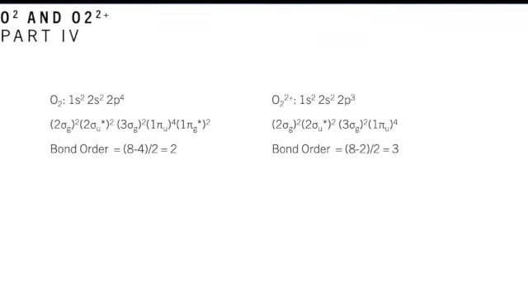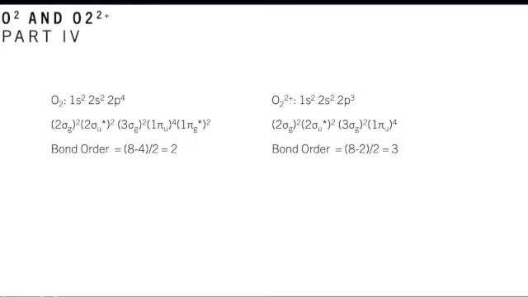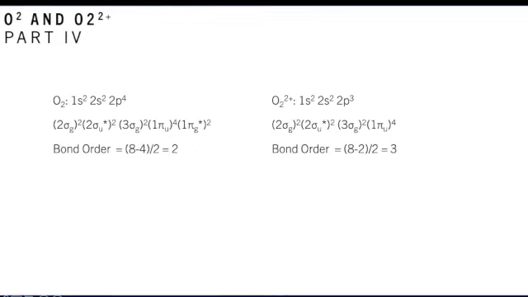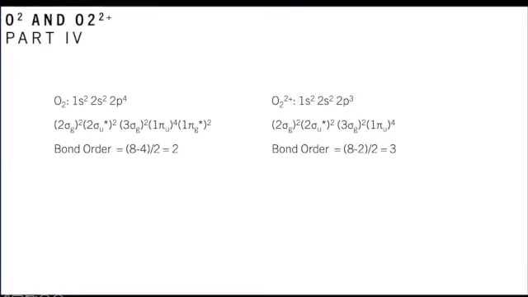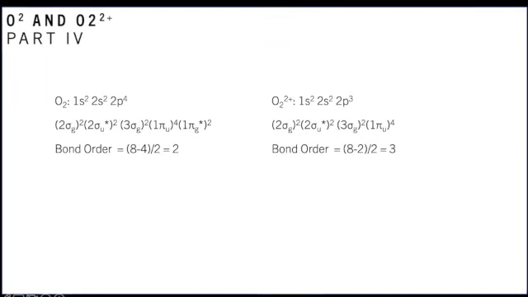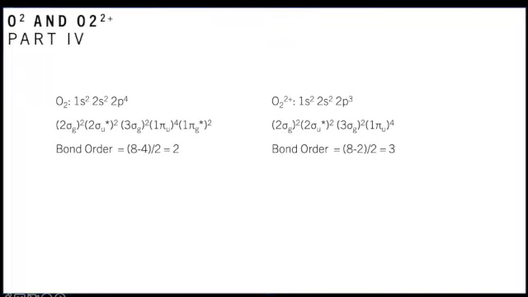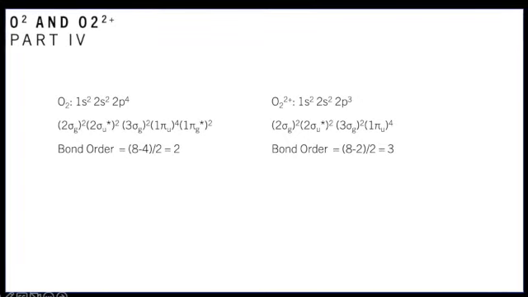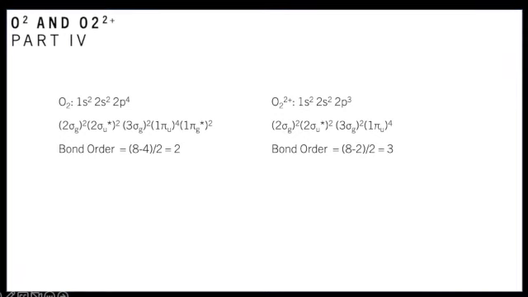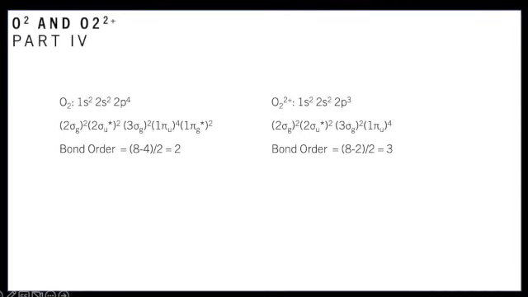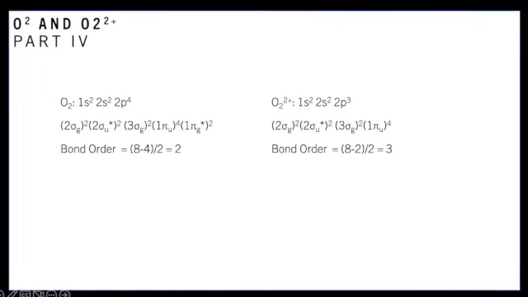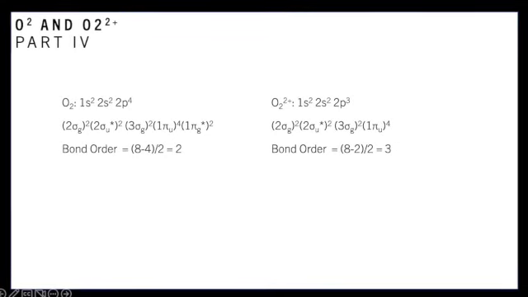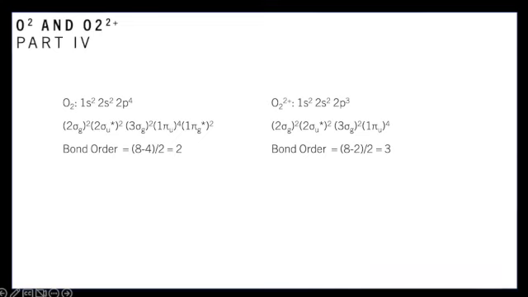As we can see, the bond order of oxygen is 2, due to there being 8 electrons in the bonding orbitals and 4 electrons in the antibonding orbitals, whilst O2 2+ has a bond order of 3, due to 8 electrons being in the bonding orbitals and 2 electrons being in the antibonding orbitals.